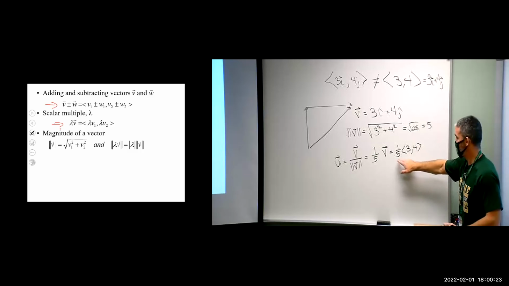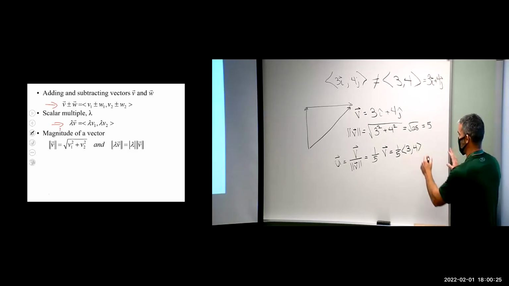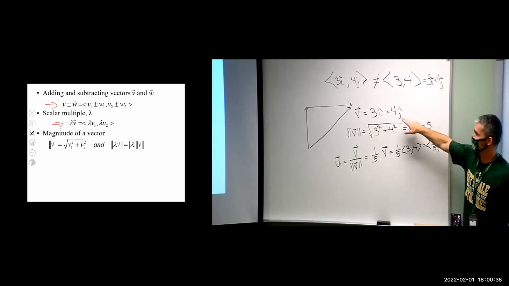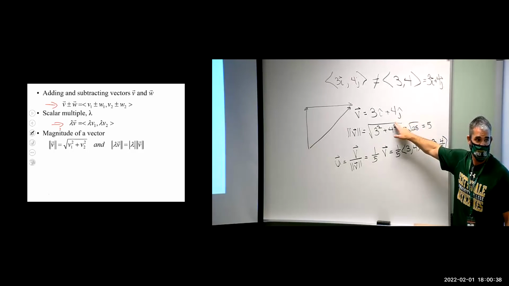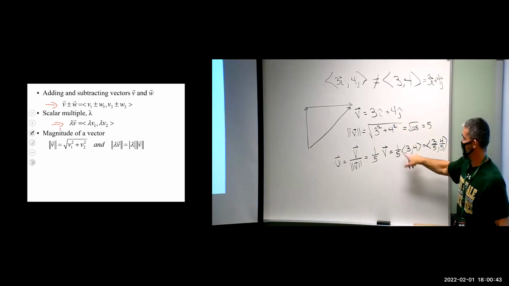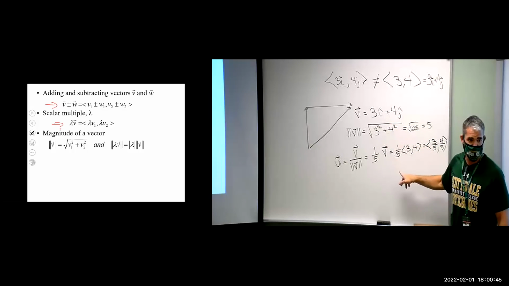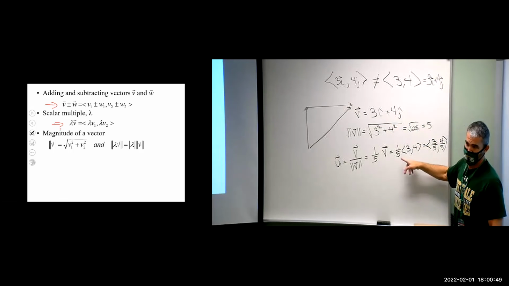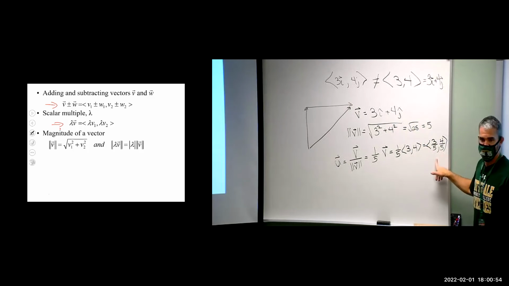Or if we want, we know that that scalar distributes: 3/5, 4/5. What we have is a vector that is in the same direction as this one. That means they're parallel. We know they're parallel because they're a scalar multiple of each other. And we also know, because that scalar multiple was the reciprocal of the magnitude, we're guaranteed that this thing has a magnitude of 1.